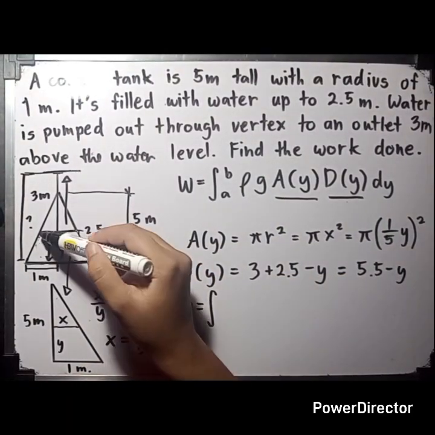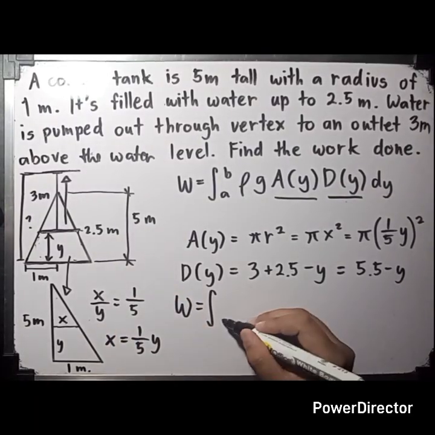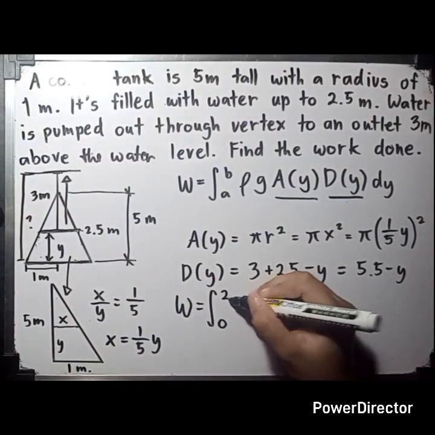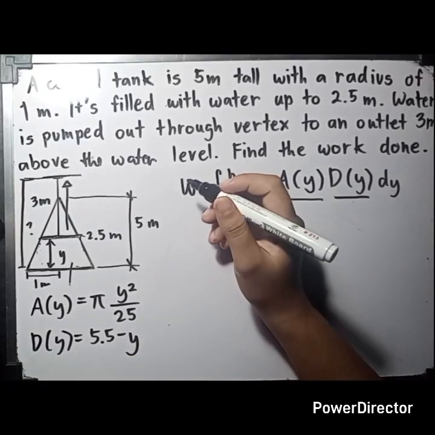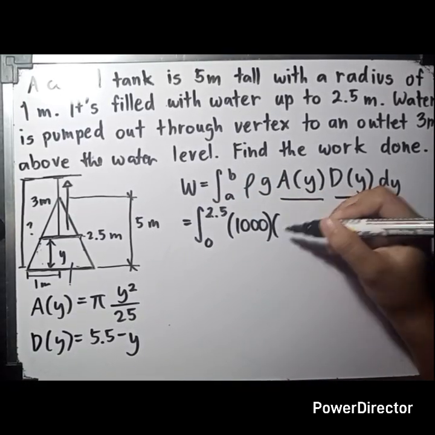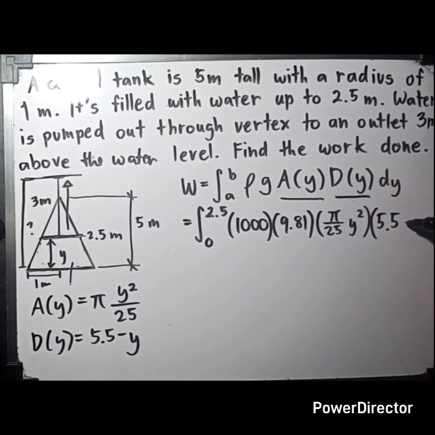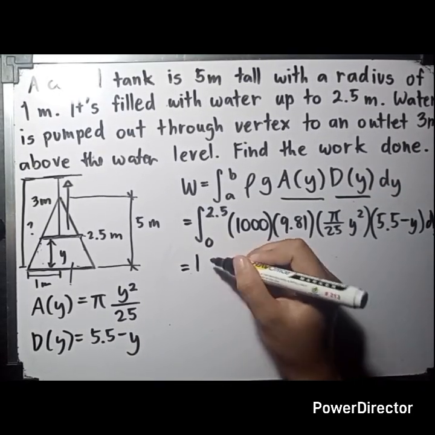The limit interval focuses on the liquid being lifted, so the lower limit is 0 to 2.5, the water level. The density of the water is 1000 kg per cubic meter, and the gravity is 9.81 meters per second squared.